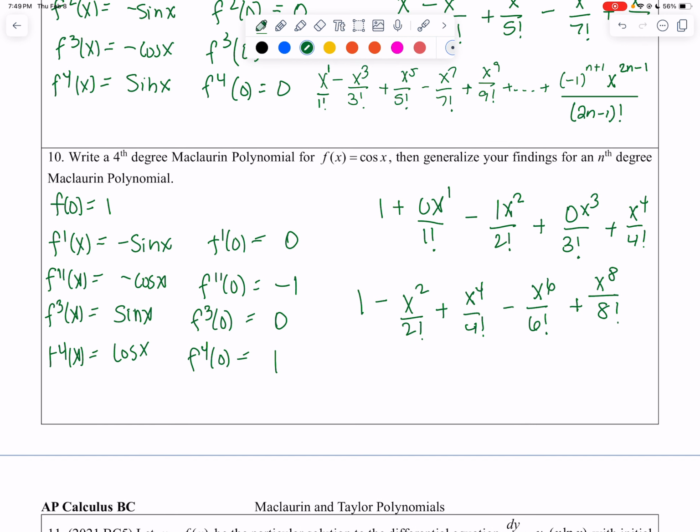So once again, I'm going to have negative 1 to the n plus 1 power. Since we're still positive, my first term is still positive. And then I have x to the 2n, since that's the definition of an even number. Then I have 2n factorial.